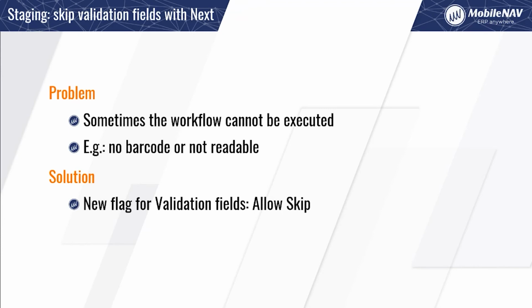So in those cases, if you just use the workflow and staging, it doesn't allow you to continue until you scan. And in certain cases it's not possible. So now the configurator can decide whether a certain step in the stage, like a mandatory or a scan to validate field, can be skipped or not.